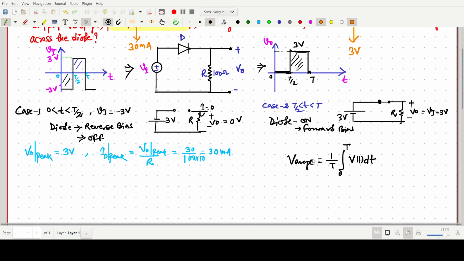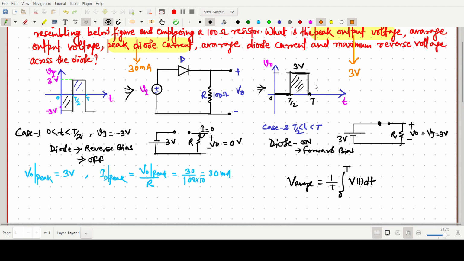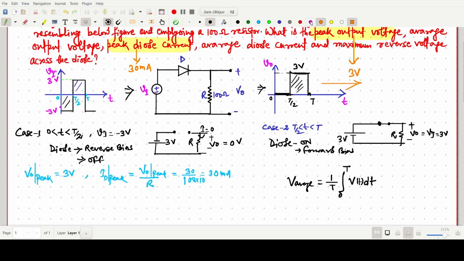V average. From this circuit, V average we can easily find. I am taking V average as 1 by T, over the overall period.